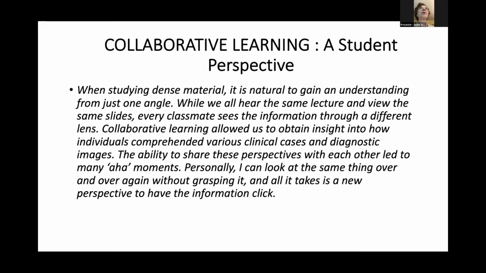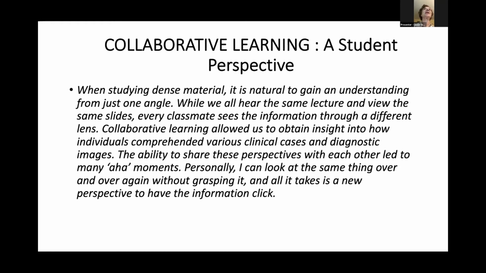So students really liked visual classrooms. I have a couple of their comments that I thought were really telling, explaining why. When studying dense material, it's natural to gain an understanding from just one angle. While we all hear the same lecture and view the same slides, every classmate sees the information through a different lens.